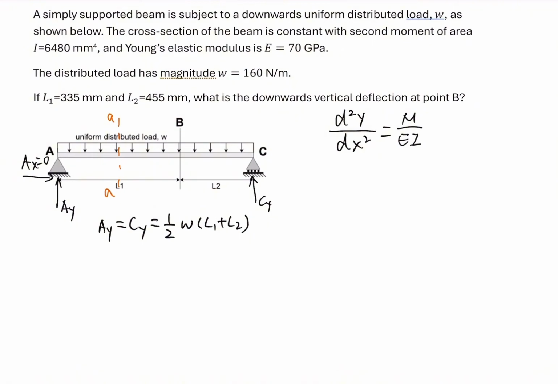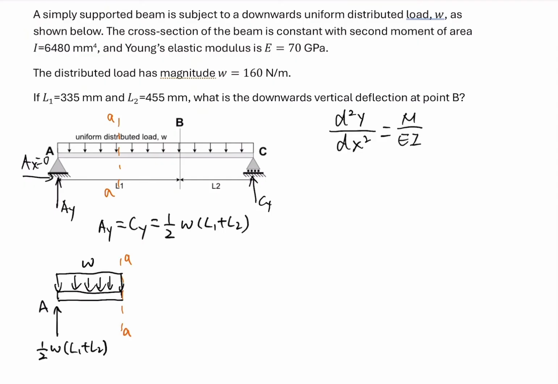If we put the beam segment over here, we have support A, the cutting section A to A, and the uniform distributed load W, and we have the reaction force AY, which is one half W times (L1 plus L2).